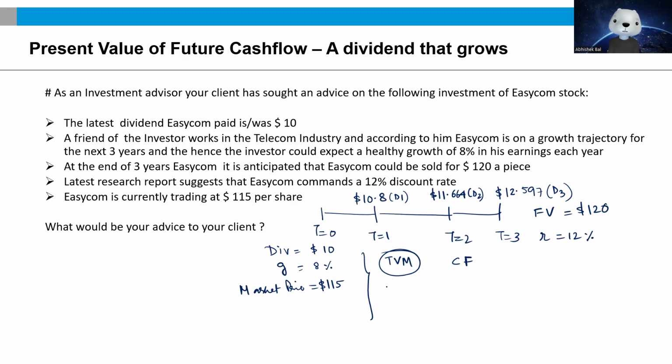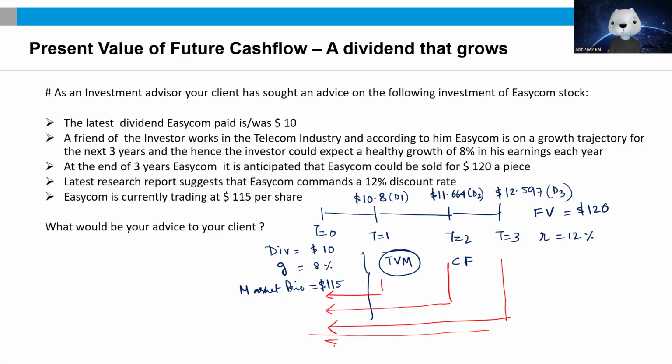And how is it going to look? Well, internally, the calculator is going to work in this manner, because the basic science remains the same. That does not change. We will still have to discount each of these cash flows to their present value and then add them up and then compare them with the given market value and then arrive at the investment decision, right?